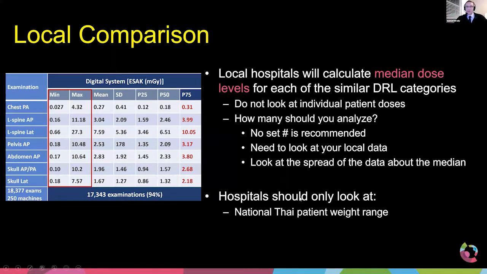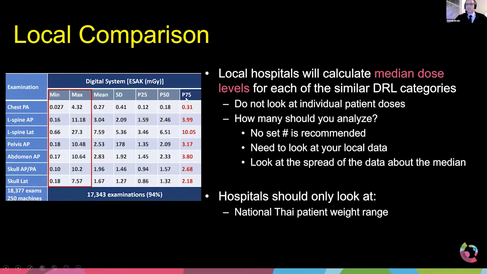All right. When the local hospitals are collecting their data, they need to only collect data for a very specific patient range, whatever the weight category or the age category was that was used to calculate these numbers.